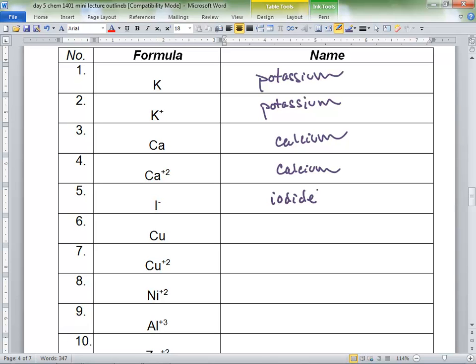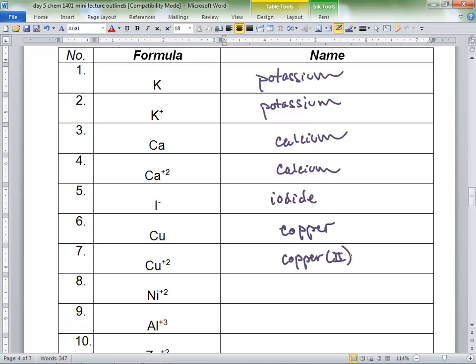Copper. Number 7. Copper with a Roman numeral 2. And it has to be Roman numerals. It's going to happen sooner or later.